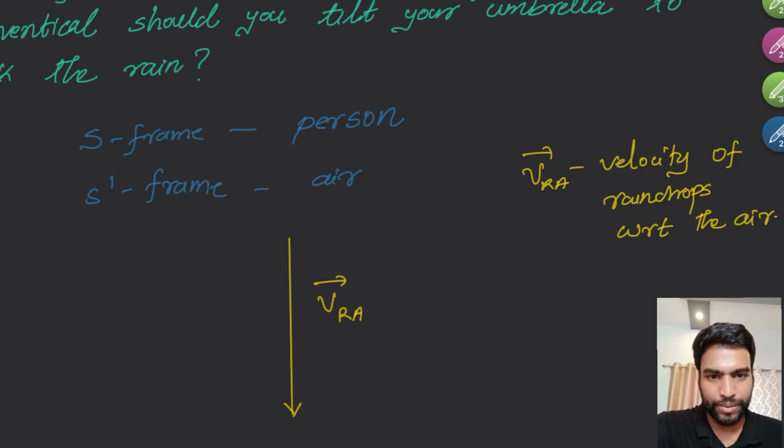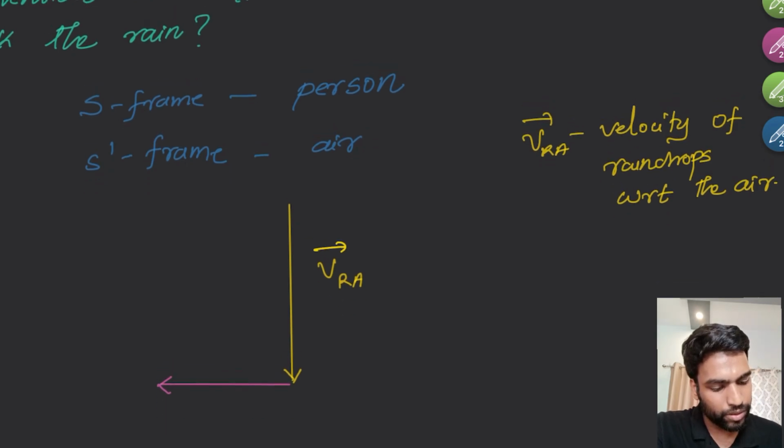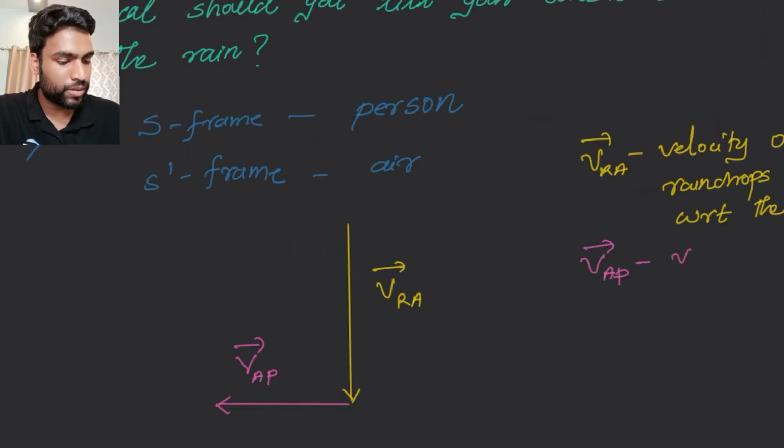Towards west direction, right? So let's denote that with a vector here towards west. We can denote V air with respect to the person, VAP. All good. So VAP is velocity of air with respect to the person.